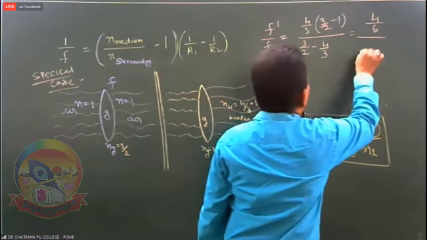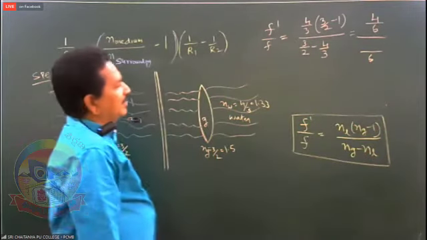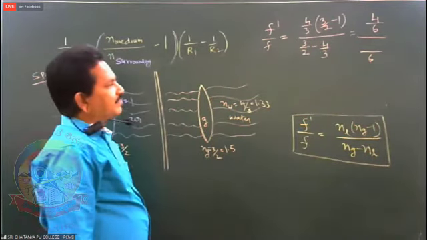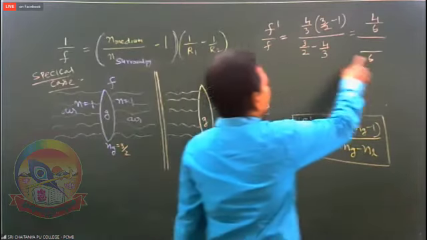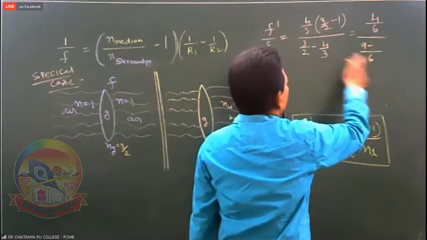The denominator is also, how much? 6. Denominator LCM 6: 3 threes are 9, minus 2 fours are 8.